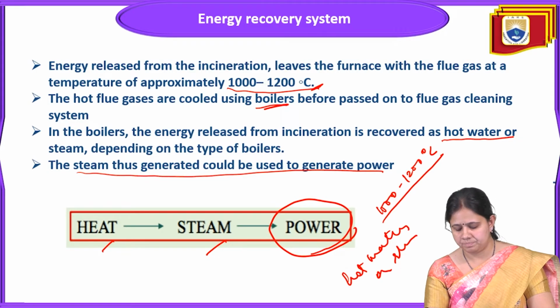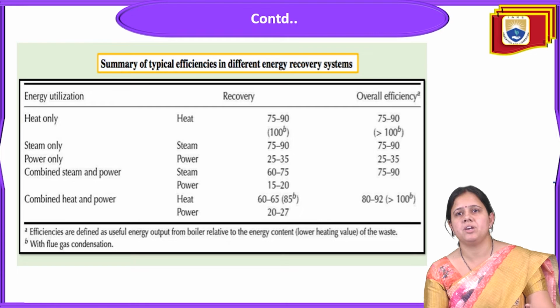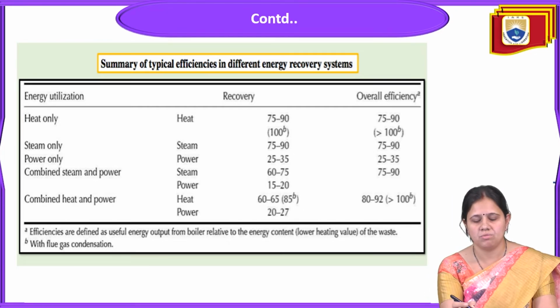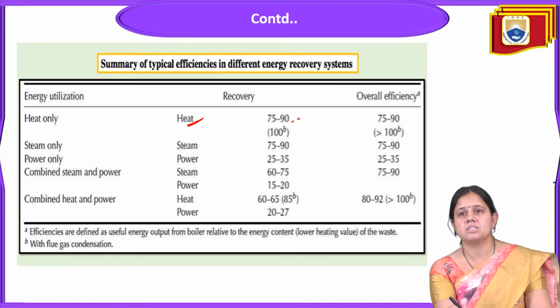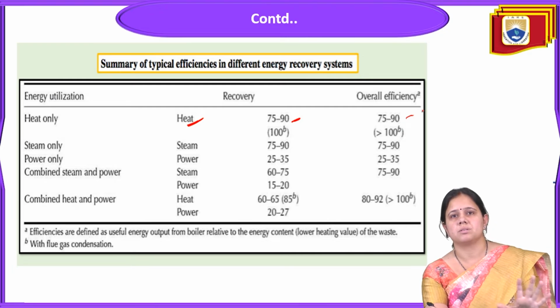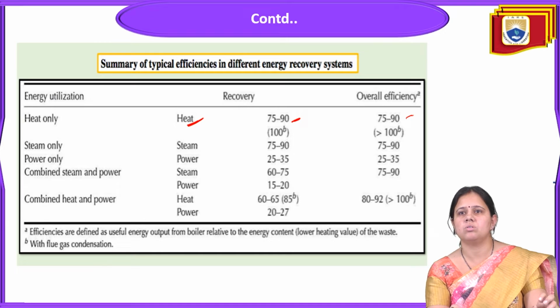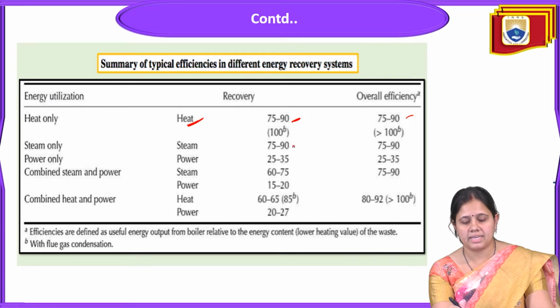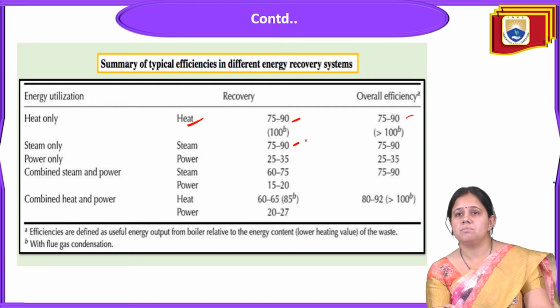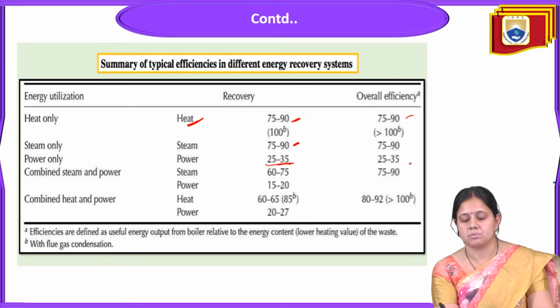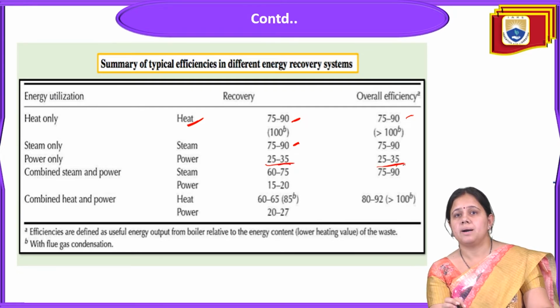Now, this is the summary of typical efficiencies in different energy recovery systems. In heat only, the overall efficiency is 75 to 90%. If only steam is produced, the recovery is similar. If only power is produced, it is less, about 25 to 30%, up to 35%. For combined steam and power it is around 60 to 75%.